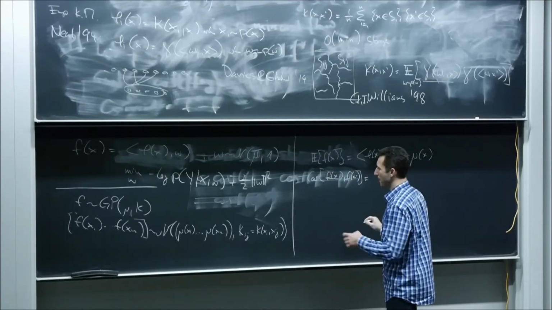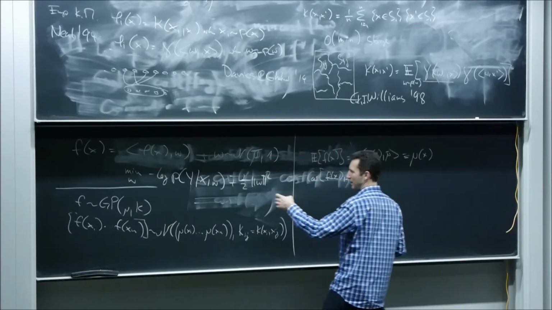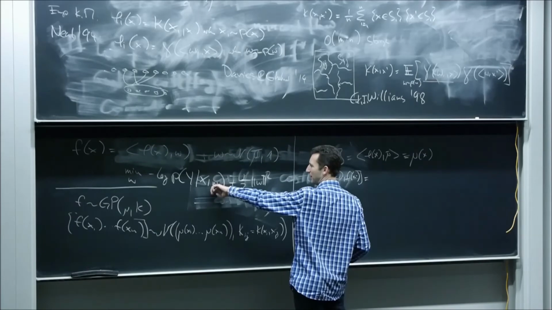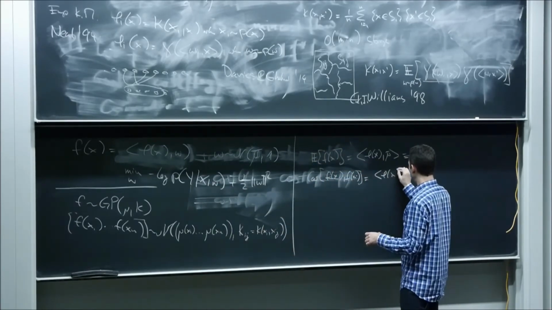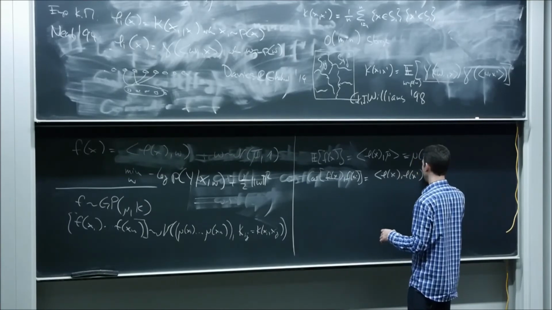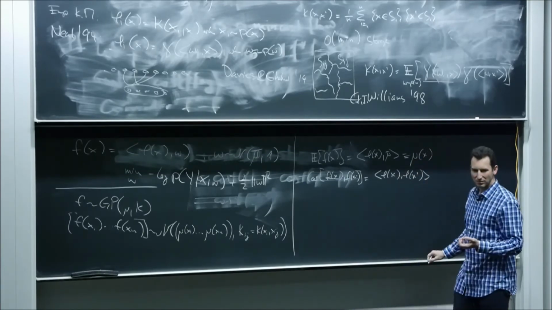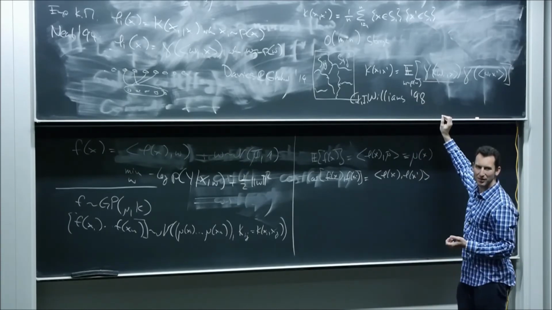And you can immediately see that, since we can take the expectation over w here, it's going to be nothing else but phi of x dot phi of x prime. And that's the paper. That's the entire idea of it.